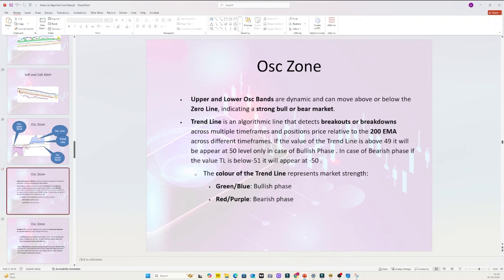The trend line is an algorithmic line that detects breakouts and breakdowns across multiple time frames and positions price relative to the 200 EMA across different time frames. What does that mean? I want to explain breakouts and breakdowns. After the third line is crossed, the fourth comes, and this line is made up by adding the phase value.